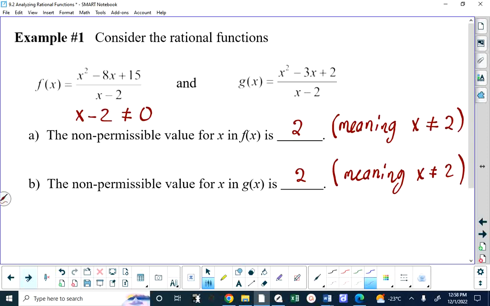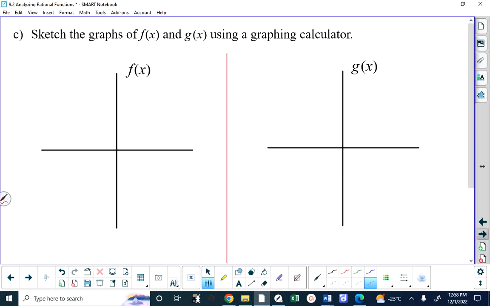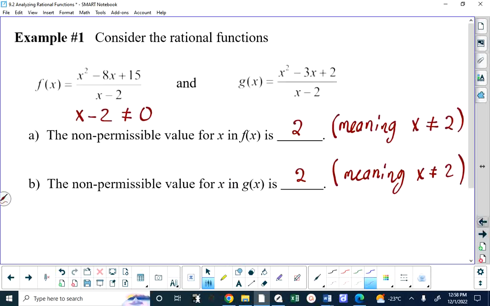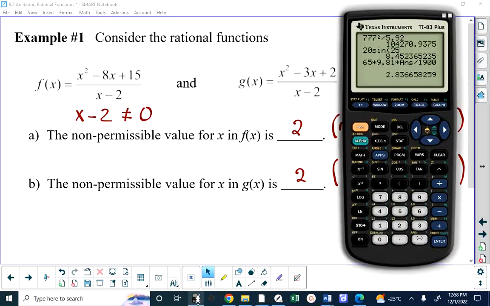Okay. Now we are asked to sketch the graphs of these using a graphing calculator. So let's take a look at the first one. And it's kind of important that you follow along here. Y is equal to, I need to put brackets around the entire numerator, and I need to put brackets around the entire denominator.